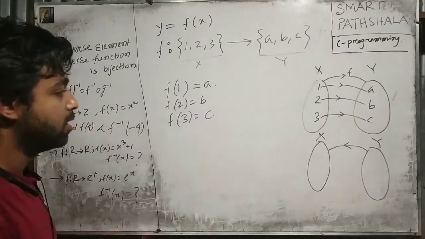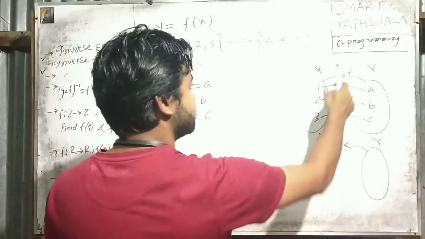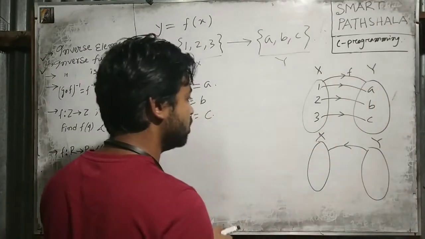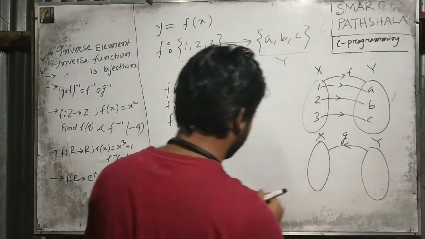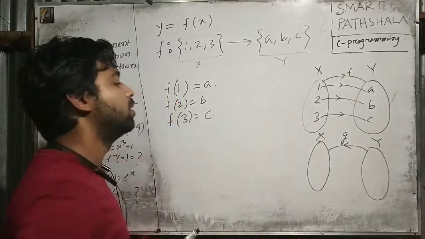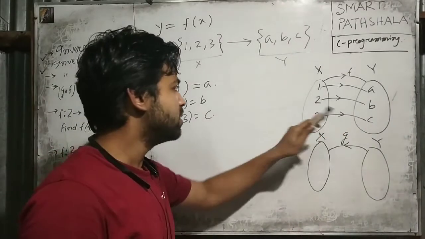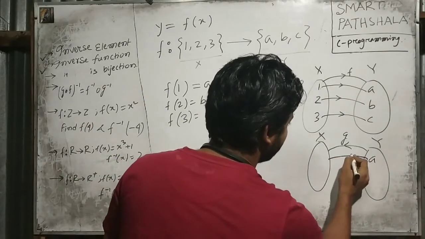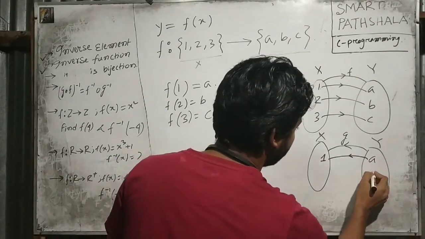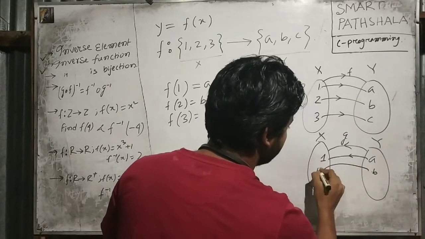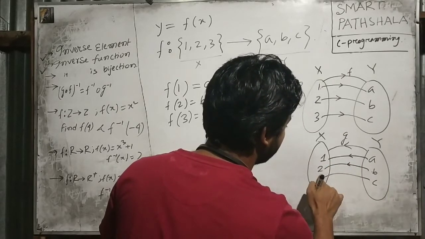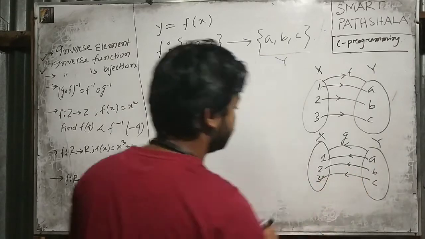That is, in the previous case f was mapping from x to y, and in this case g is mapping from y to x. So this is quite the inverse, right? Here A maps to 1, B maps to 2, C maps to 3.